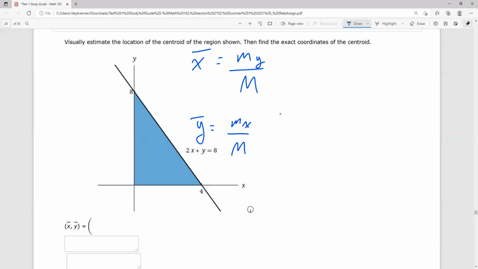And now how do we find these two parts now? Yeah, it's rho. Yeah. All right. And how do we find My and Mx?